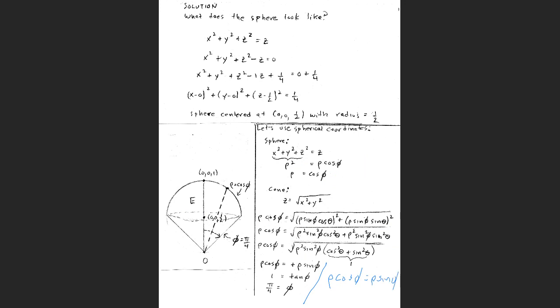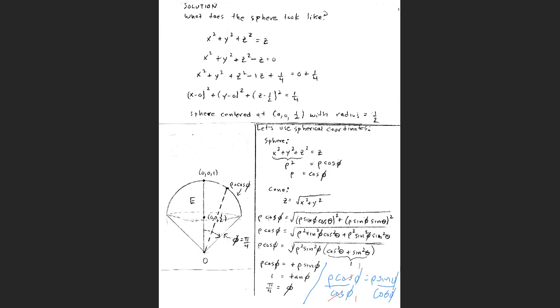And if I divide both sides by cosine of phi, assuming we don't let phi equal 0, but we can still get our picture, that'll be fine. It'll work. So then you get 1 equals the tangent of phi.